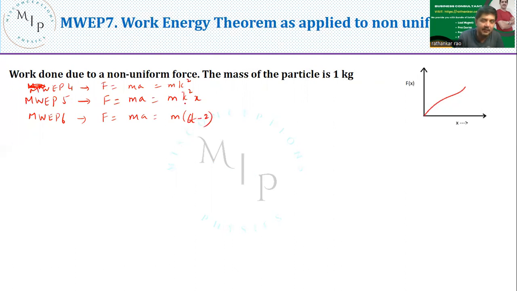Now you see, the force is proportional to displacement, force is proportional to time also. Both the things we are given. So this one corresponds to constant force. This one corresponds to force that is proportional to displacement. And this one is force that is proportional to time.